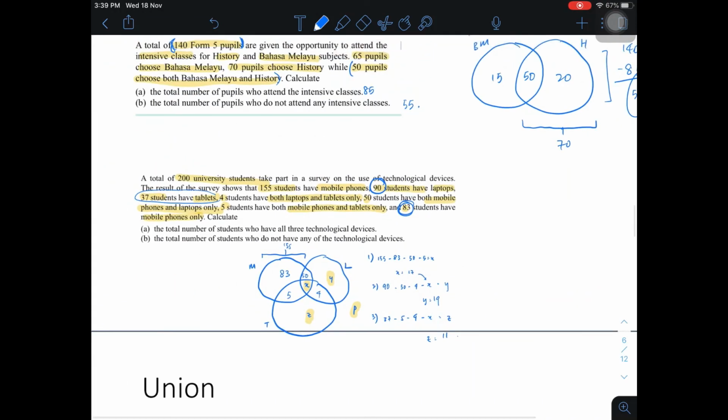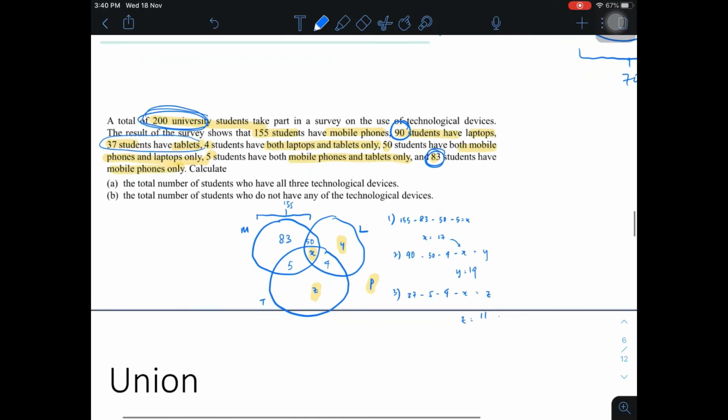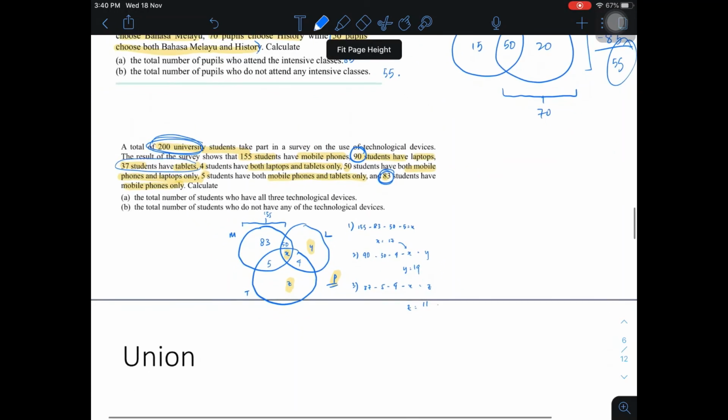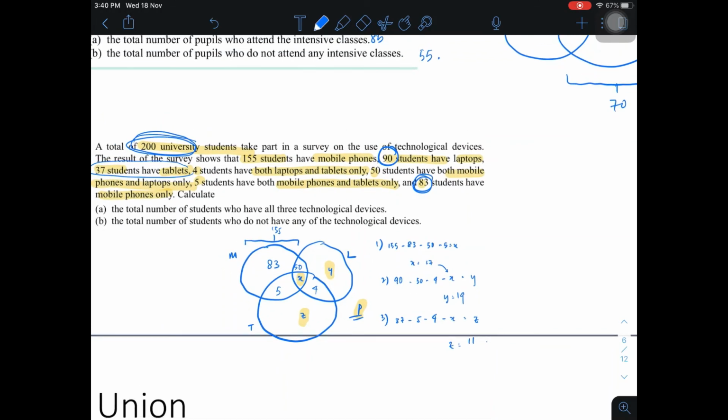And then we understand that the total there is 200 university students, but when you add up all these numbers, it doesn't reach 200. So meaning that there is some people without mobile, laptop or telephone, right? So we want that number too. In order to answer our question, we need all the information we can get.